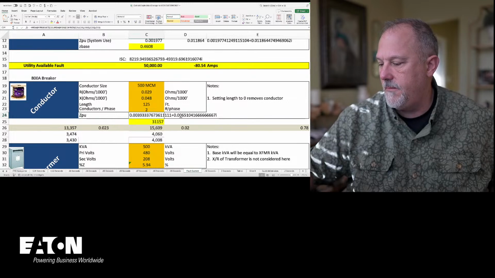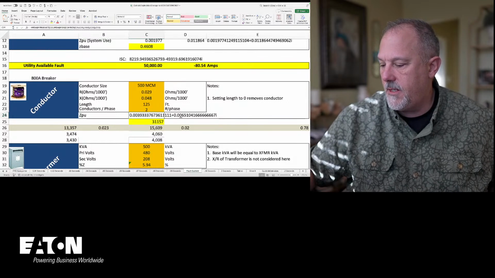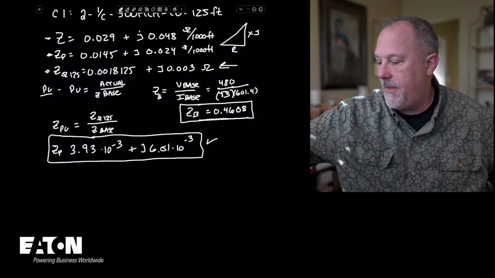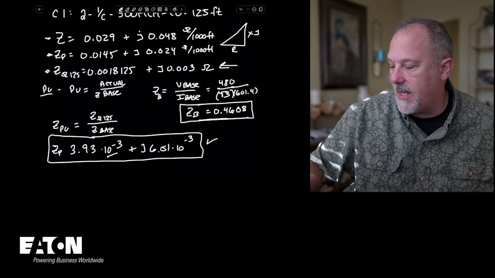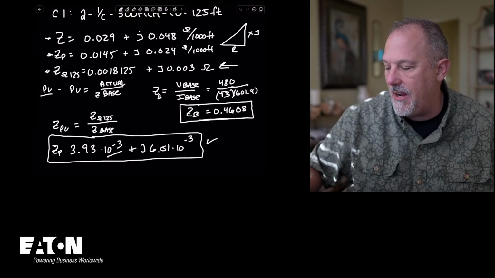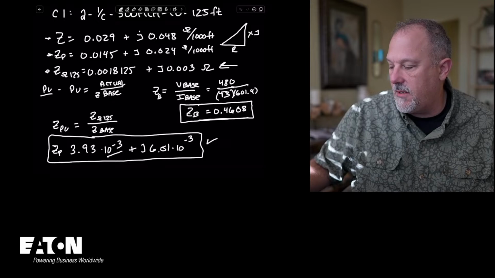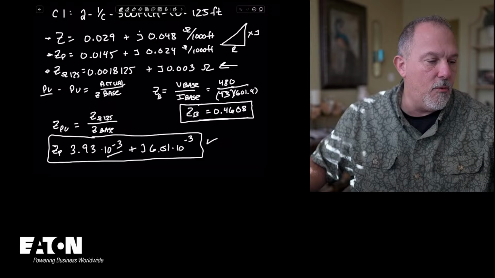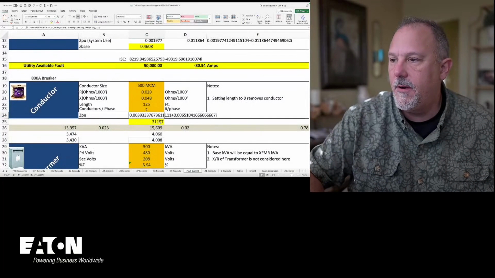There it is, conductor 1 in its entirety. And remember, this is times 10 to the negative 3, so that's 0.00393, and this is times 10 to the negative 3, so that's 0.00651.